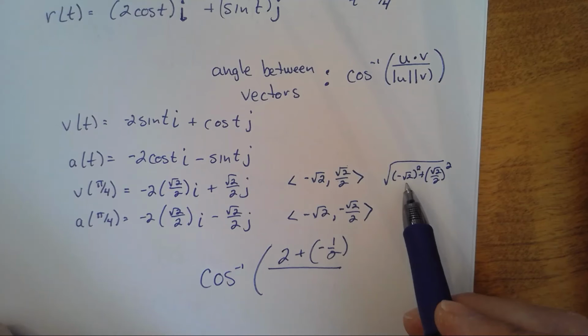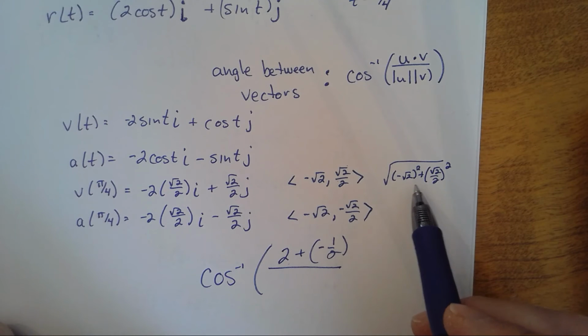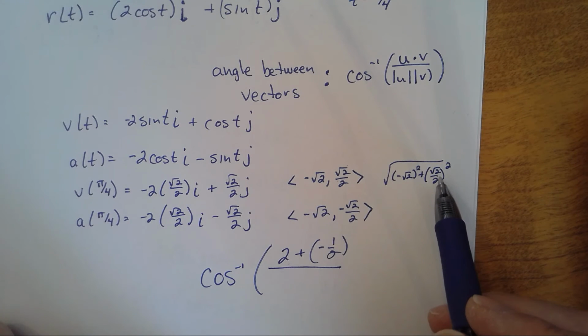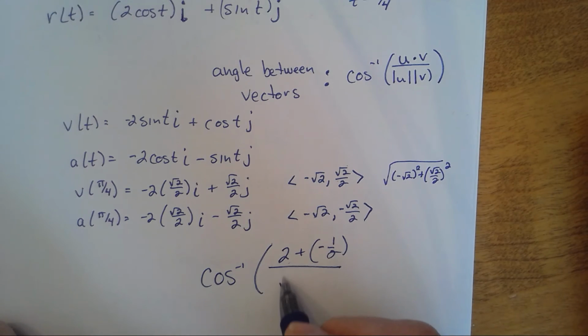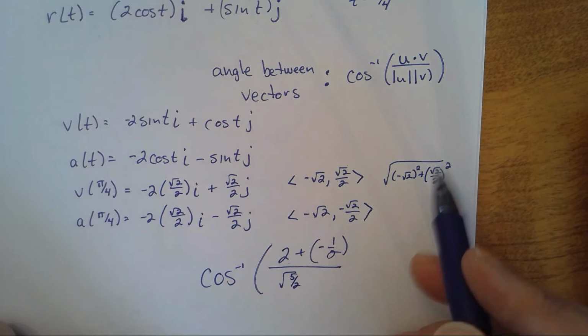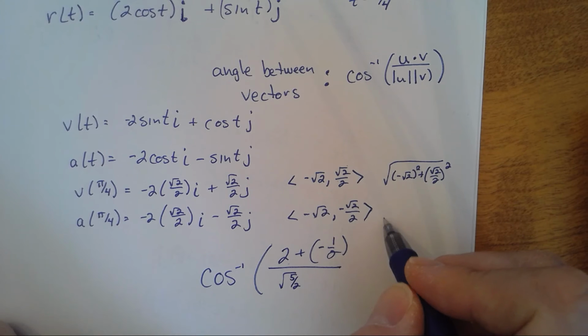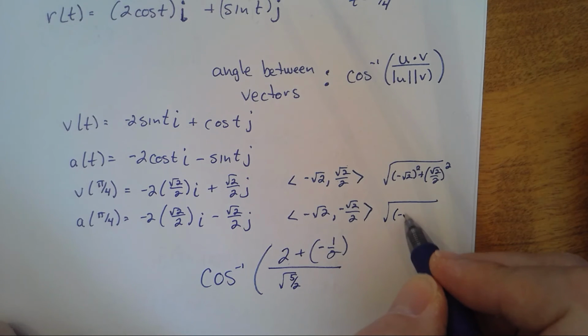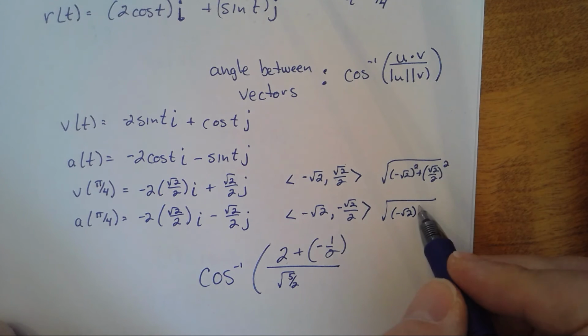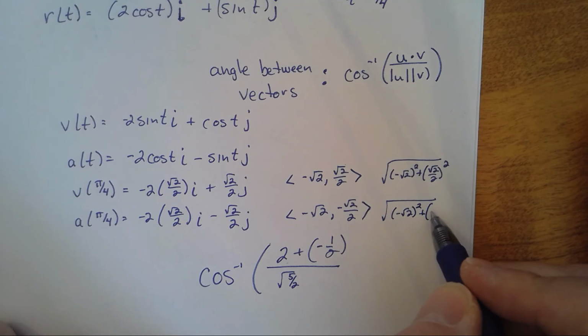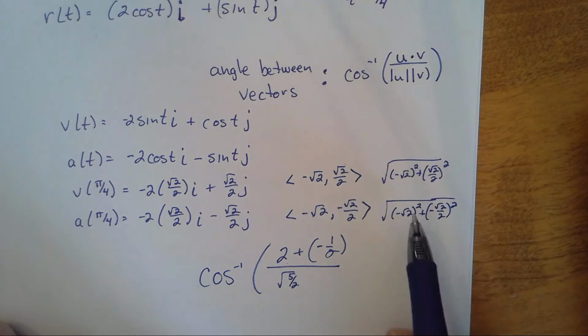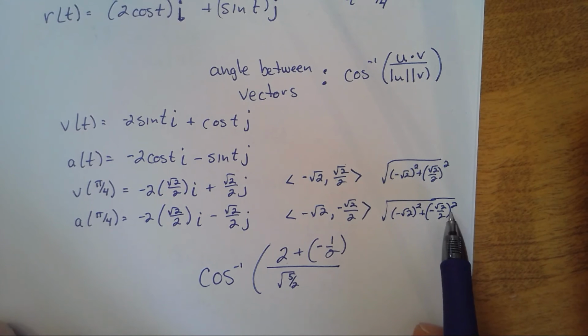So that's 2 plus 1/2 is 5/2. So square root of 5/2. And this one is going to be the square root of negative square root of 2 squared plus, so that's 2 plus 1/2, so that's another 5/2.